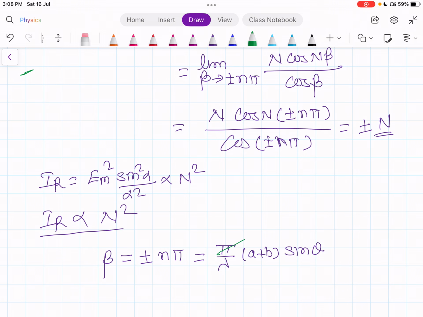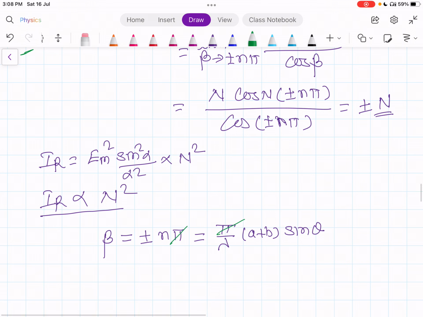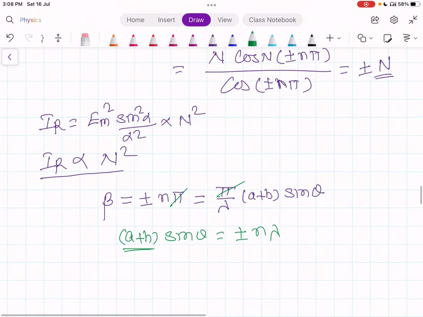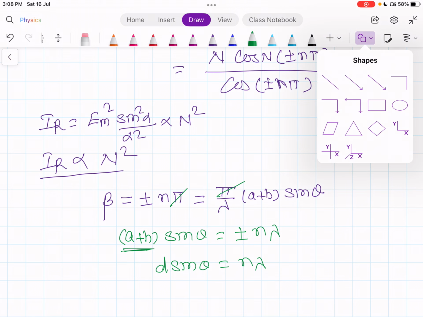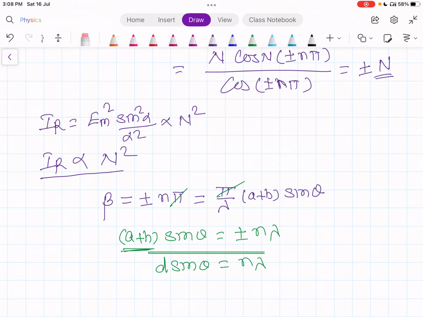So this pi cancels with this pi, and what you get is a plus b sine theta is equal to plus minus n pi. This a plus b is d. So d sine theta is equal to n lambda. Let us forget about this plus minus. It is there. So this is the grating equation for the principal maxima. d sine theta is equal to n lambda.